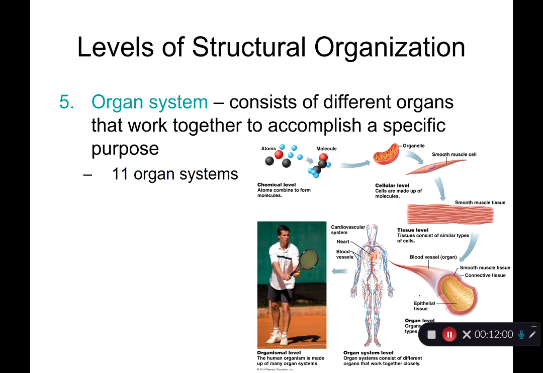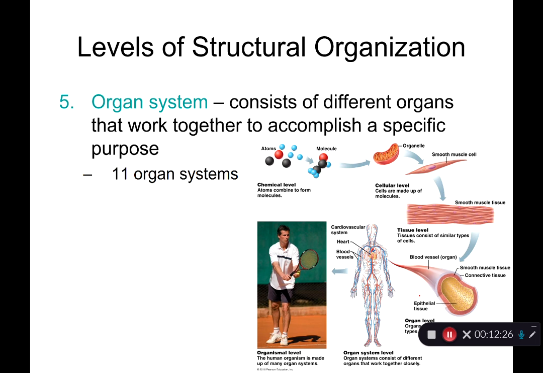Now, your textbook does a great job with the levels of structural organization. In fact, your chapters are laid out this way. Chapter 1, which is what we're in, is sort of an introductory chapter. Chapter 2 is chemistry. Chapter 3 is cells. Chapter 4 is tissues.